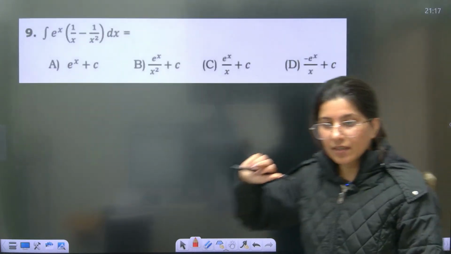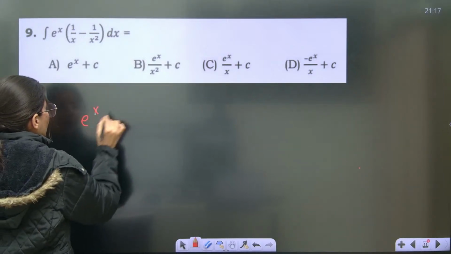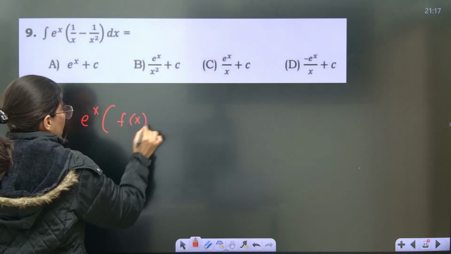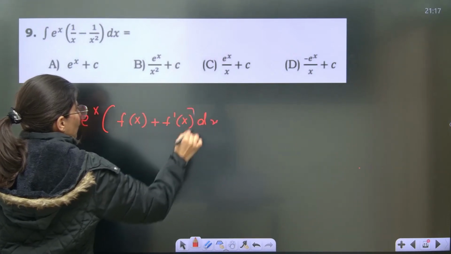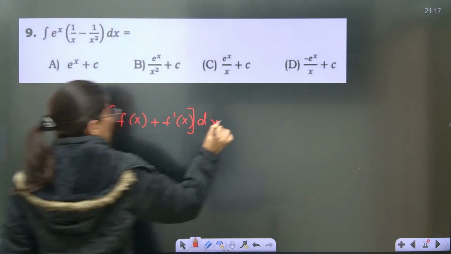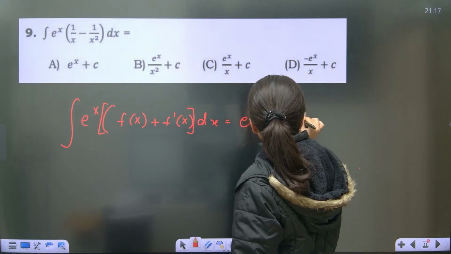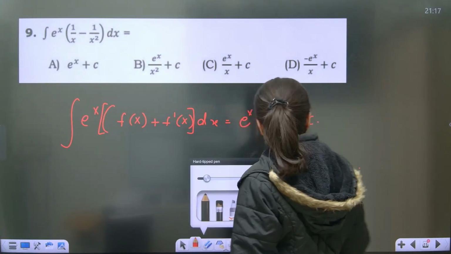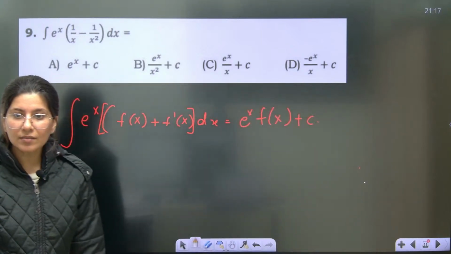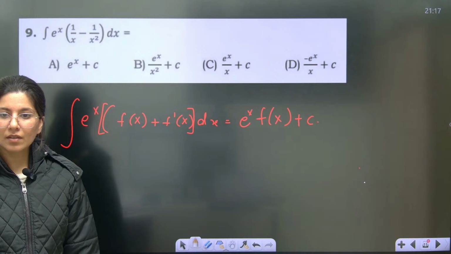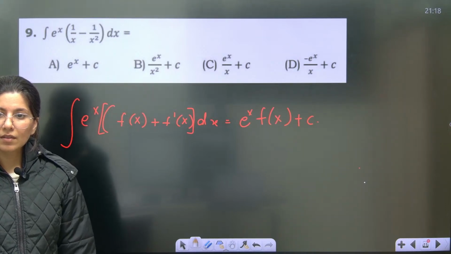Now this. Okay, hi Shrivalli, how are you? Now, do you remember this? E raised to power f x plus f dash x dx. If you get this type of thing, what you are going to get is this. Can you see this? Okay.